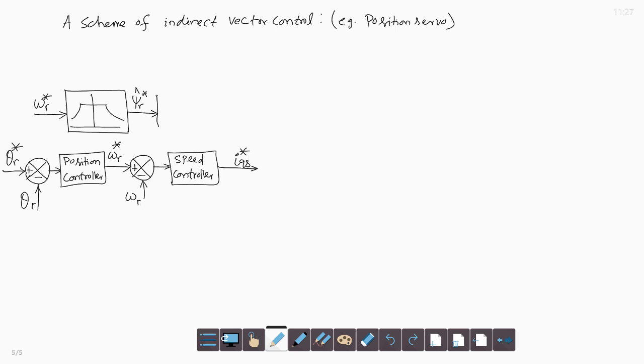This goes through a flux controller, and the flux controller generates the command value of the flux component of the stator current Ids star.